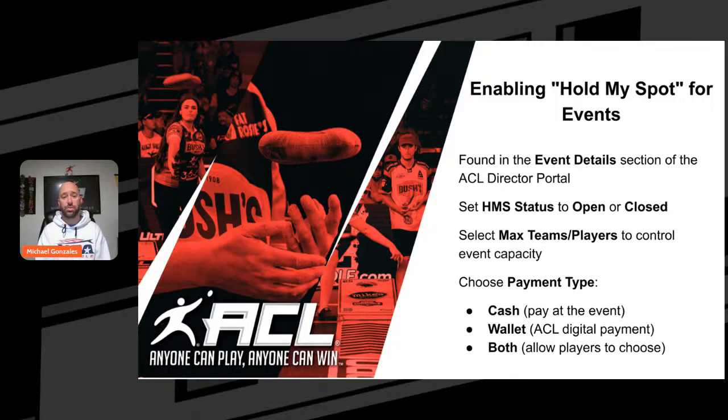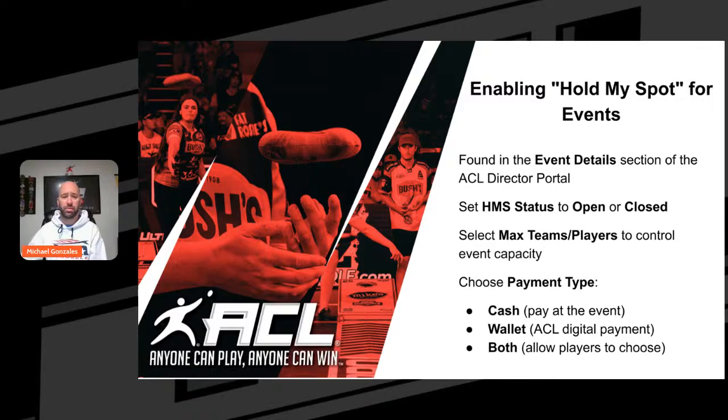And then you also need to choose a payment type. That can be cash only, wallet only, or both cash and wallet. You have to select one of those three. If you get those all filled out and you click save, that will enable Hold My Spot, and that will allow players to then use it.